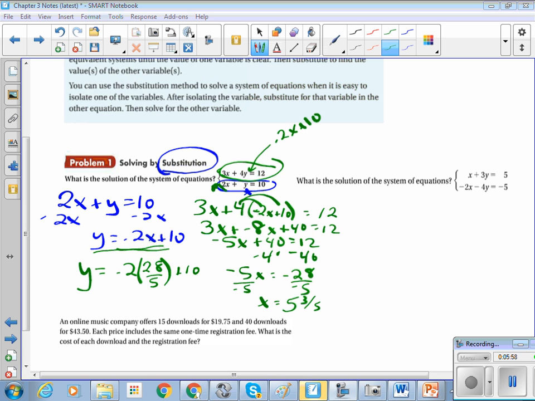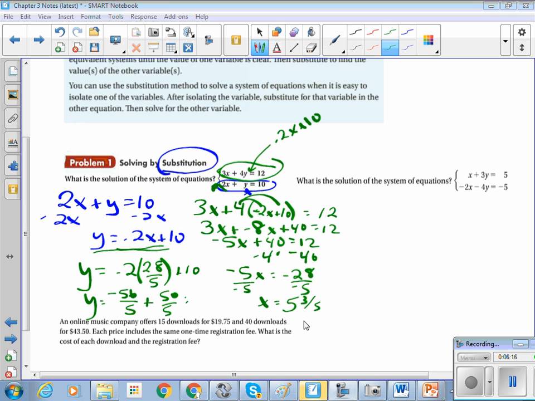So this is -56/5 plus, well, 10 is 50/5. Don't you guys love fractions? This is awesome.